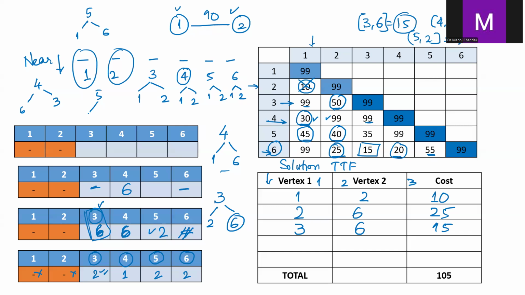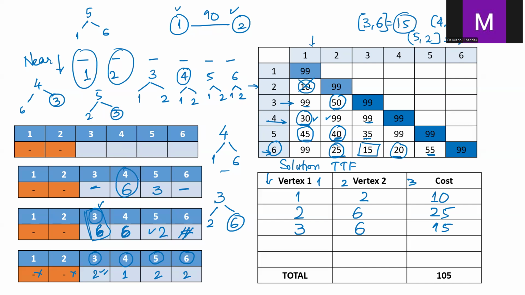Since 5 will be checked with 2 and 3. Why 3? Because 3 has come just in the previous step. So 2 and 5 is 40, and 3 and 5 is 35. So which is better is 35. So we'll write 3 here.